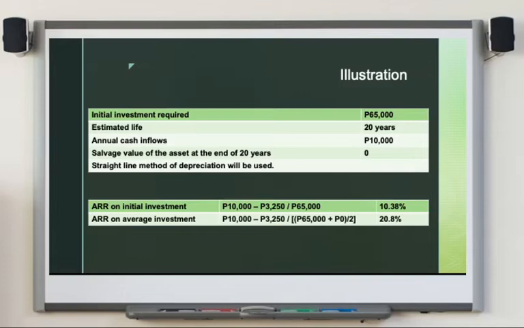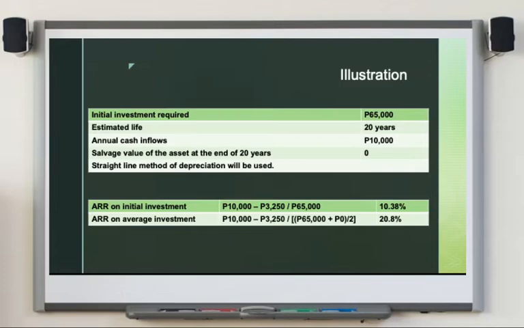However, in this problem, we did not consider the tax effect. We assume that this is already net of tax, although I also agree that 3,250 is not yet net of tax. Should there be information about the tax rate, then you have to consider the tax effect on the depreciation.